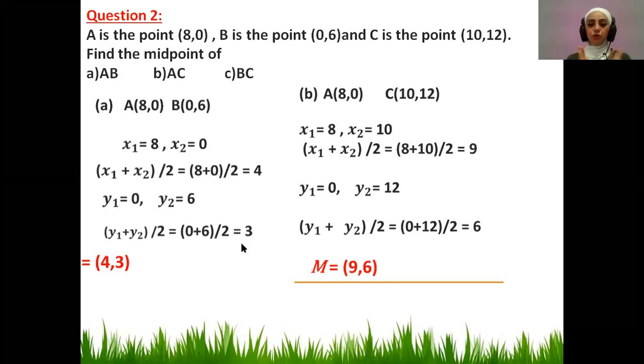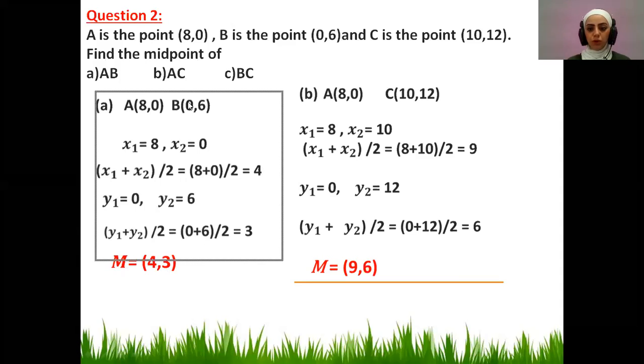So you have to write the pair of the midpoint at the end. If you don't write it, you will lose a mark, because here you just show the steps of finding the midpoint, but you didn't tell me what the midpoint is. So you have to write in the end that M, the midpoint of AB, is 4, 3.